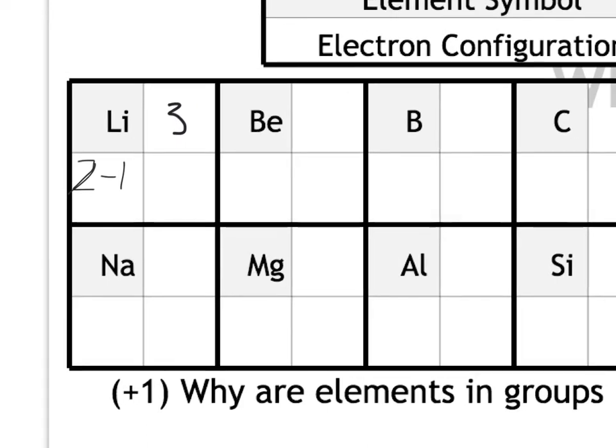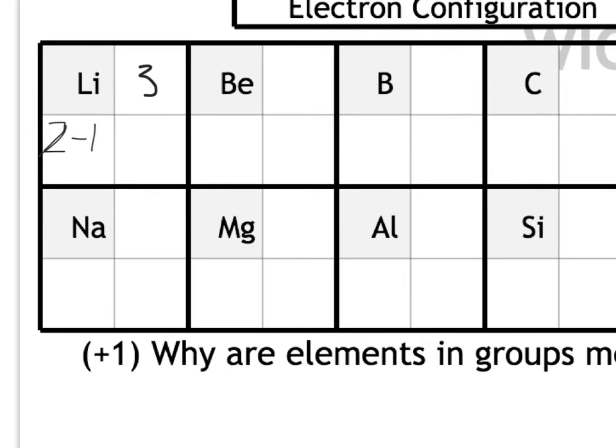So you can find that under oxidation state, and it's going to be the very first one that's listed. So in this case, it will be positive 1. And then for beryllium, it's atomic number 4, 2, 2, and plus 2. So I think you see how that's working. So please use your periodic table and fill in the rest of these.